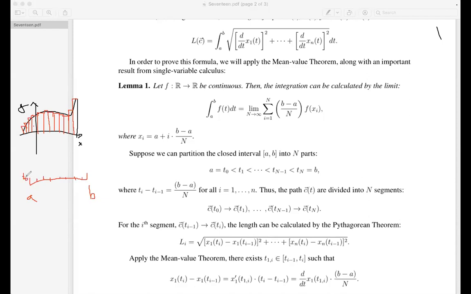So you have t0, t1, all the way to tn, which is the endpoint b. And each partition has equal length. Okay.